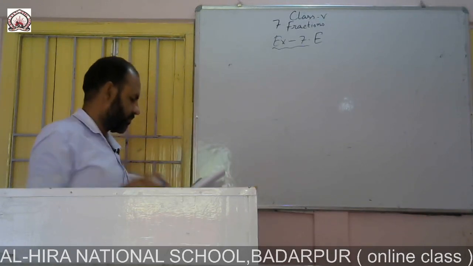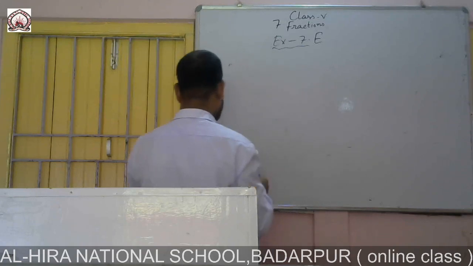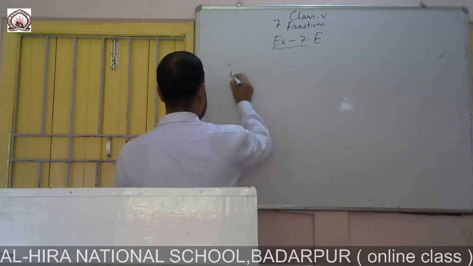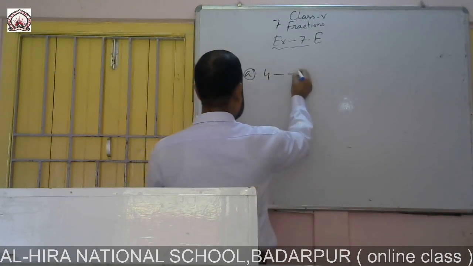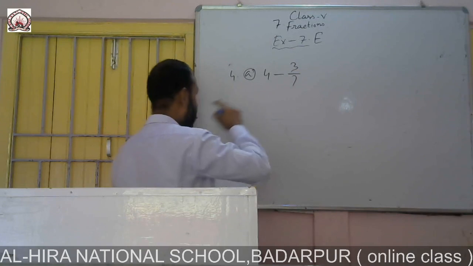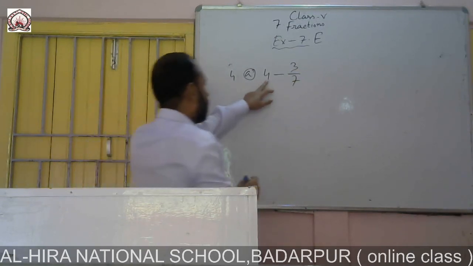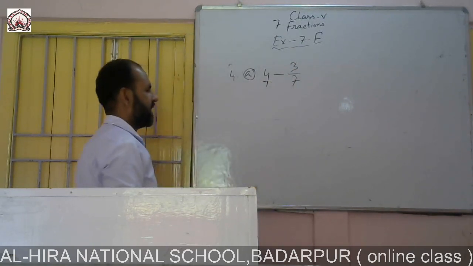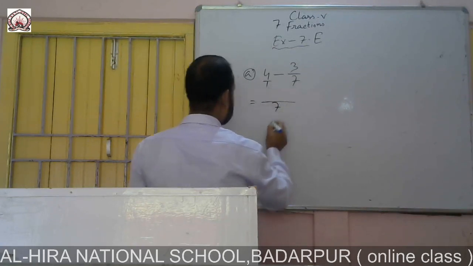Next, question number 4A. 4 minus 3 by 7. So here only 4. If nothing is there in the denominator, then we know 1 is there. So LCM of 1 and 7 is 7.